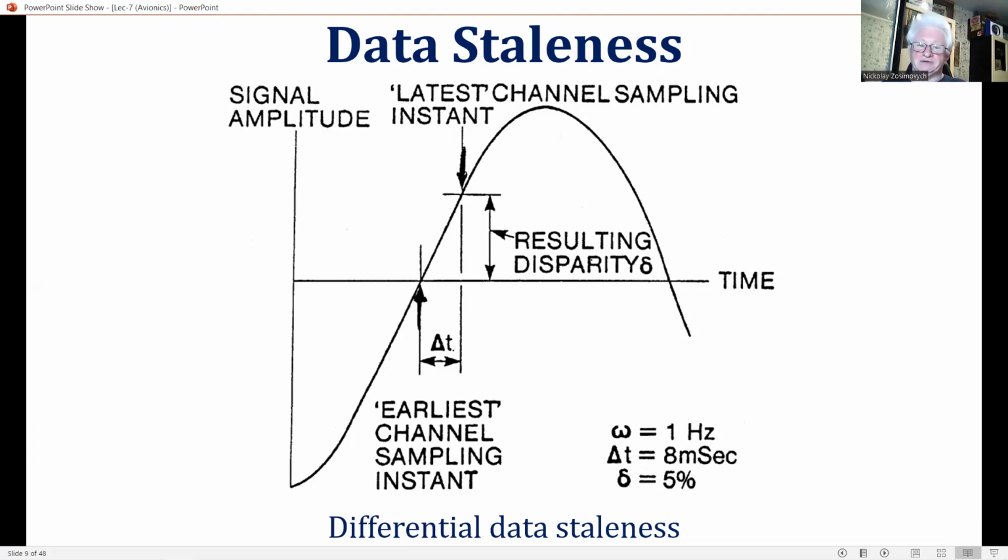The alternative is to allow longer iteration periods so that all computers are processing the same data. This, however, introduces a latency or time delay in the output, which results in a phase lag and is destabilizing. And this figure illustrates the phase lag introduced by a time delay.